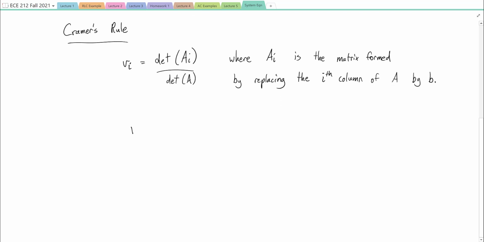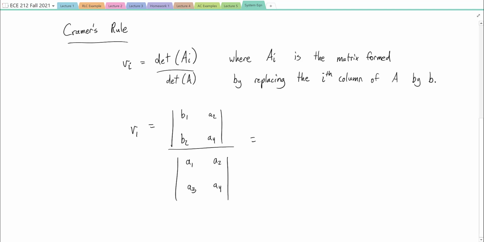So in other words, it looks like this. My V1 in this case is going to be the determinant, where if I'm looking for V1, then I'm going to replace the first column of A with that vector B. So in other words, I would write B1 and B2 here, and this would still be A2 and A4. And then I need to divide that by the determinant of A, which is just the matrix A1, A2, A3, and A4, right?